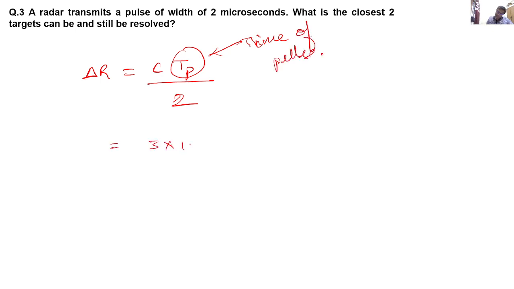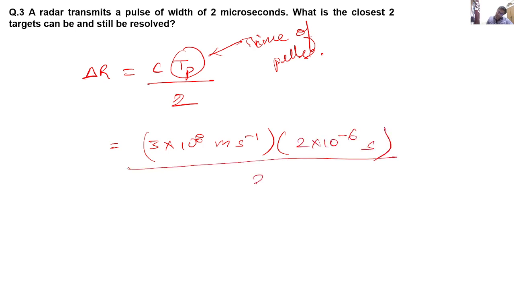So it is 3 into 10 power 8 meters per second times 2 microseconds, that is 2 into 10 power minus 6 seconds, by 2. So we get the answer as 300 meters. So if the targets are within 300 meters range, then we will not be able to detect anything distinguishing between them. So that is the basic of this question.